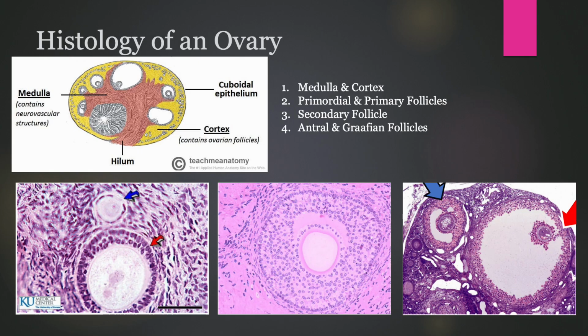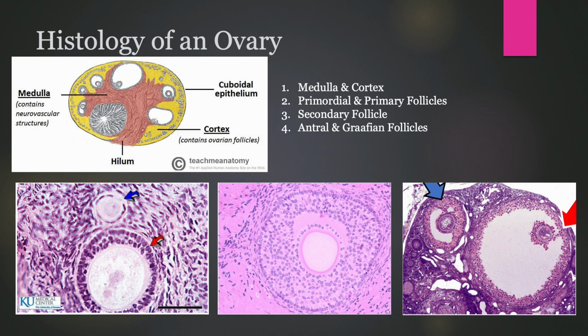And number 4, lastly, the antral and Graafian follicles. So with the blue arrow, that's an antral follicle. You'll notice that there's more follicular cells. The oocyte has grown significantly and matured. And we now have this space, that white space here, that's a fluid-filled cavity.